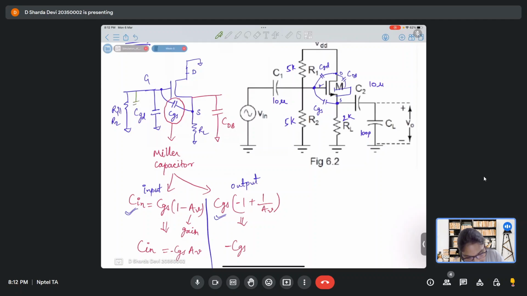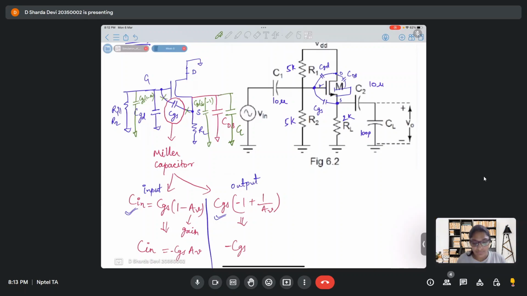I'll add our CGS over here as CGS times (1 minus AV), and I'll add our CGS over here as CGS times (1 by AV minus 1), right? So now we don't have to consider this. Now we have two different circuits, one for input, one for output, right? Now what will we do? We will simply solve this, and here we will also have CL.